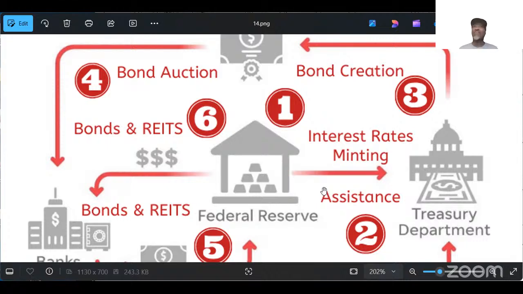If you're going to create the debt note, there has to be an underlying debt, and that underlying debt is a bond. So for every dollar they create, they have to create a corresponding bond. If they create $1 million of money or stimulus or government assistance, they also have to create $1 million worth of bonds.